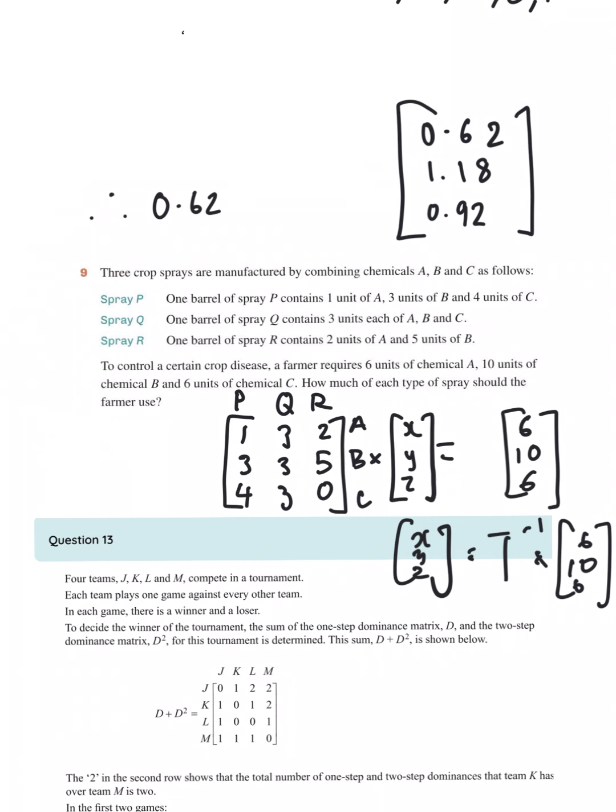So 0.62 of P, 1.18 of Q and 0.92 of, what's next? R.